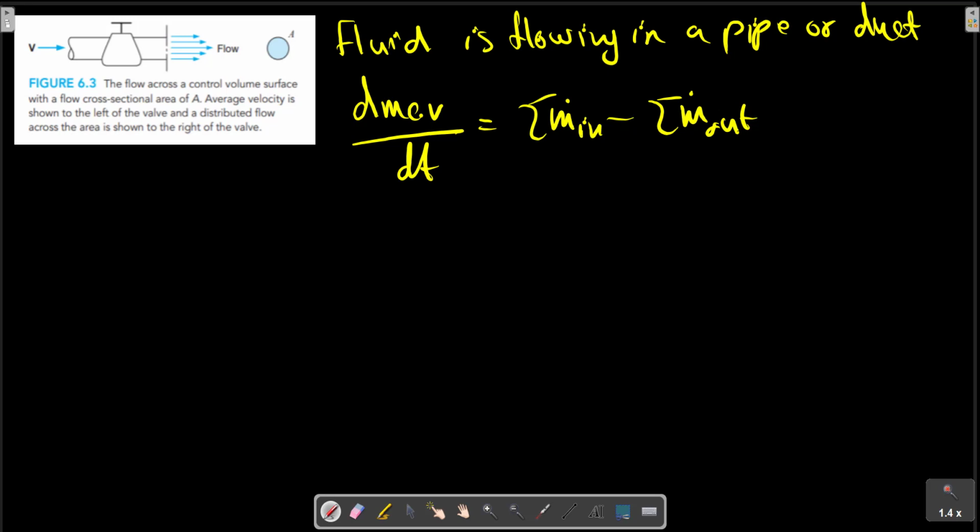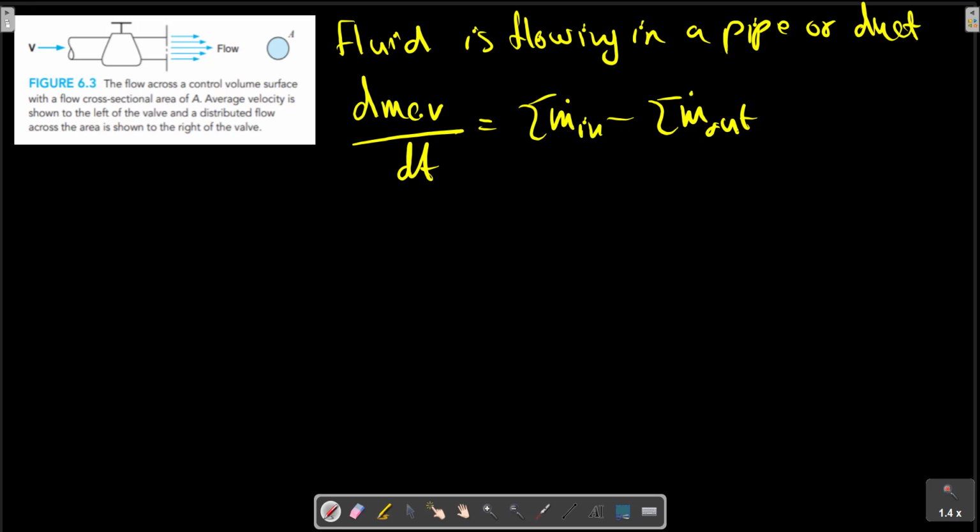to the local properties of the fluid state. The flow across the control volume surface can be indicated with an average velocity, shown to the left of the valve, or with a distributed velocity over the cross-section, as shown to the right of the valve.